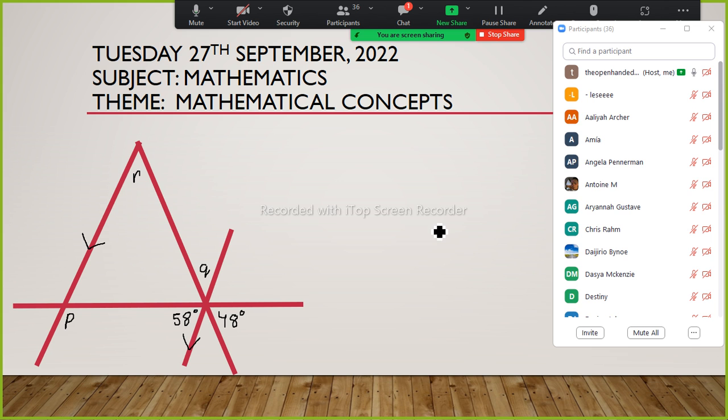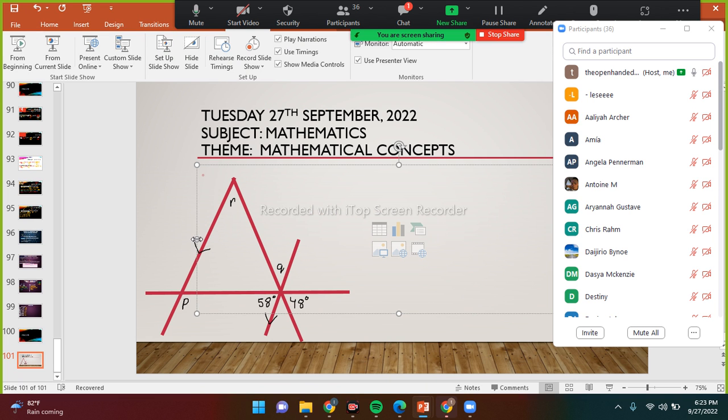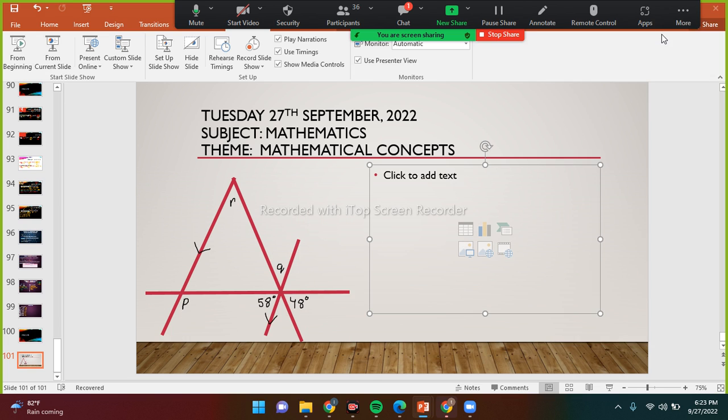So we have the shape of the structure here that we're looking at. Tell me, what is the name of a polygon that you see? Can someone tell me? No one can tell me what polygon they see?